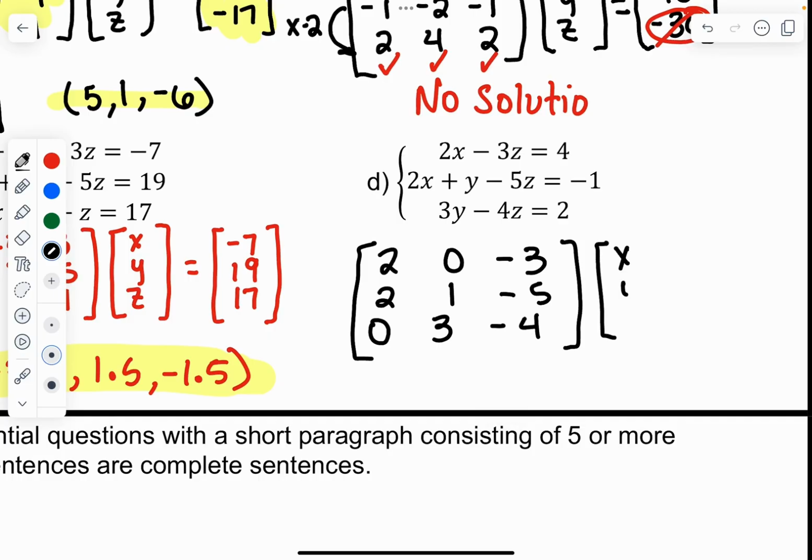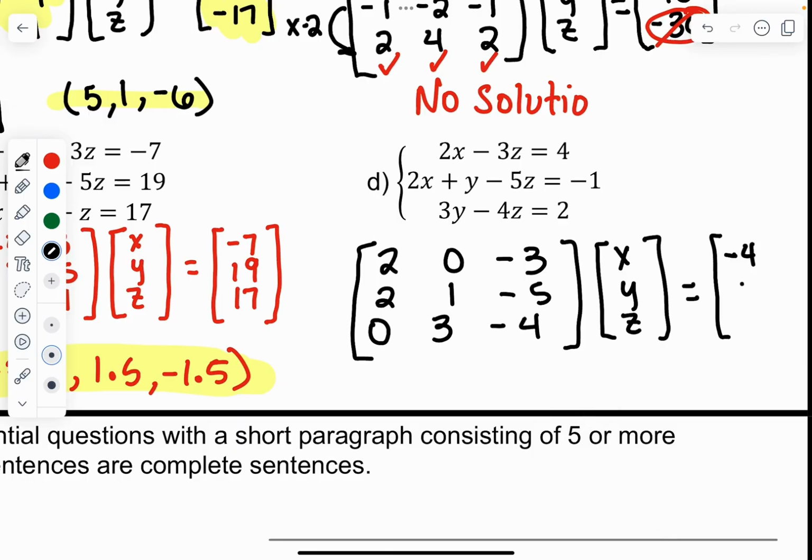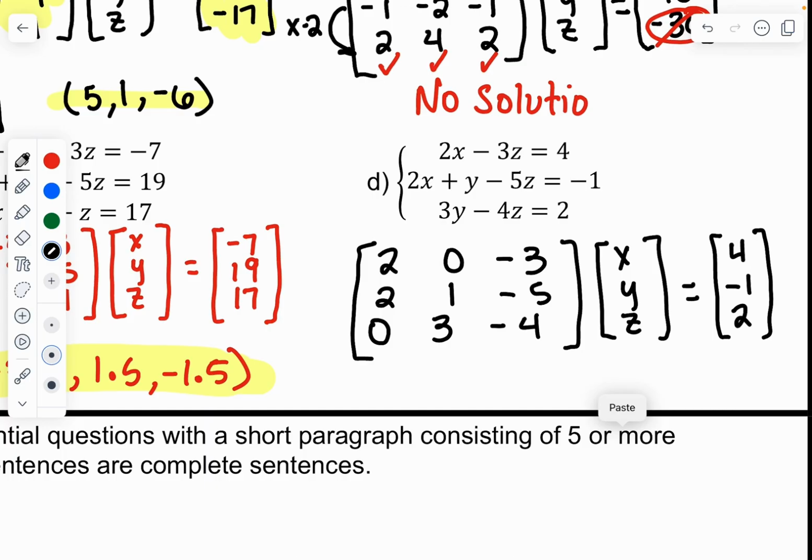We have x, we have y, we have z, equal to our constants. -4, -1, not -4, it's a +4. So let me fix that. -1 and 2.